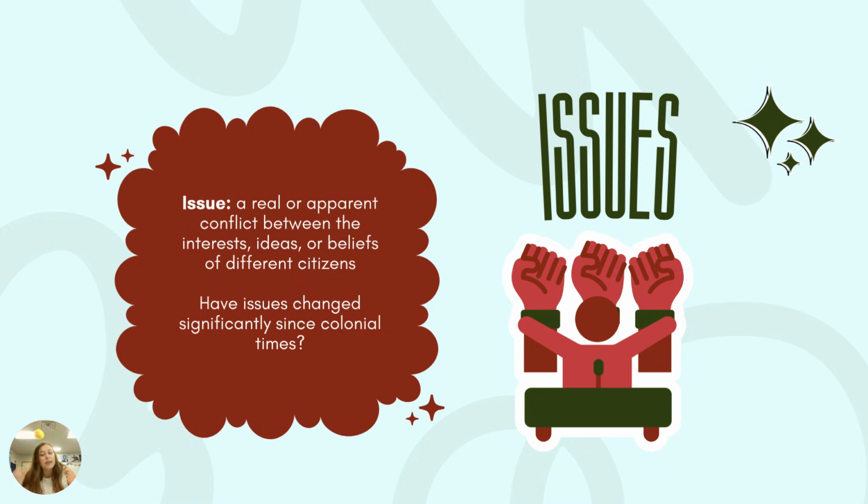Based off that definition, can you come up with 3 or 4 of those? Then looking at your list, do you think those issues have changed significantly since colonial times or since the founding? We're going to focus on the founding in chapter 2. And to what degree, why or why not, practice some of that explanation in that question.